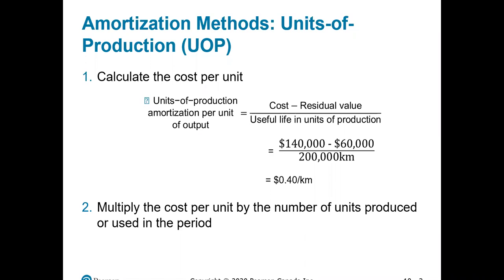Using that calculation, we determine units of production amortization per unit of output to be 40 cents a kilometer. Now we take that figure, 40 cents a kilometer, and in step two, we multiply that by the number of units produced or used in the period. In this case, we'd multiply 40 cents a kilometer by the number of kilometers driven in each year.